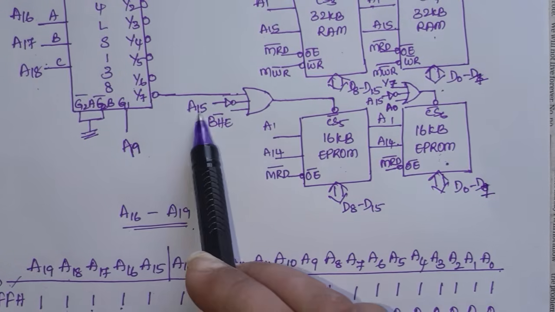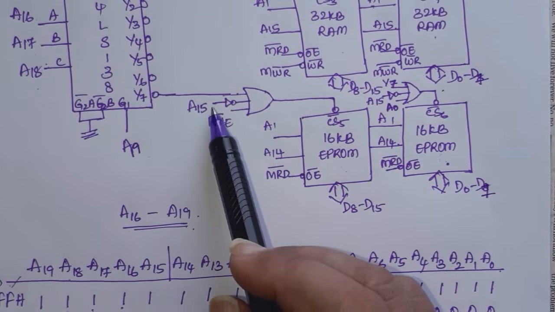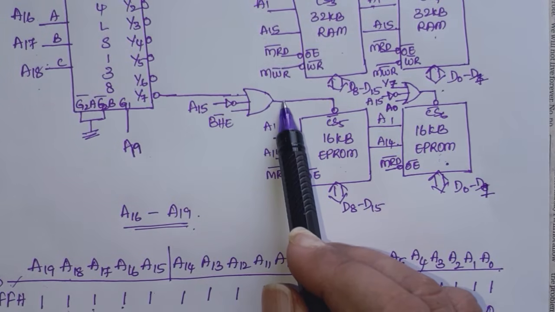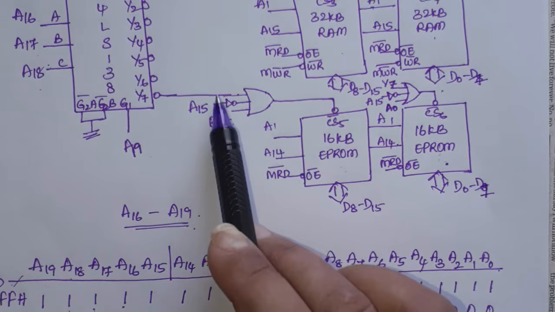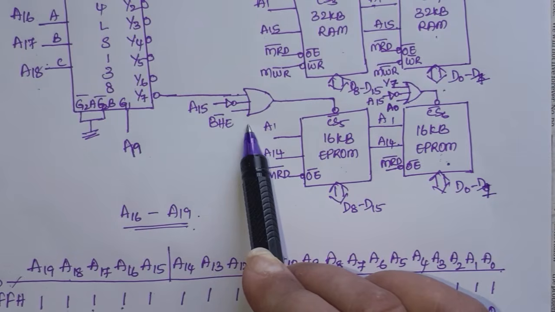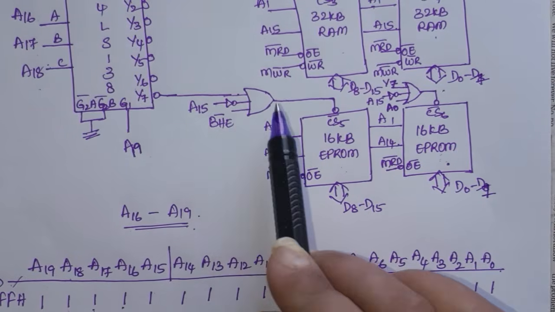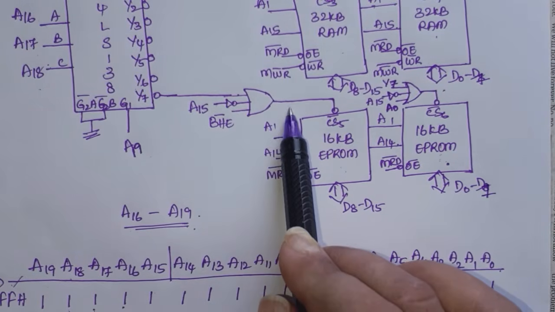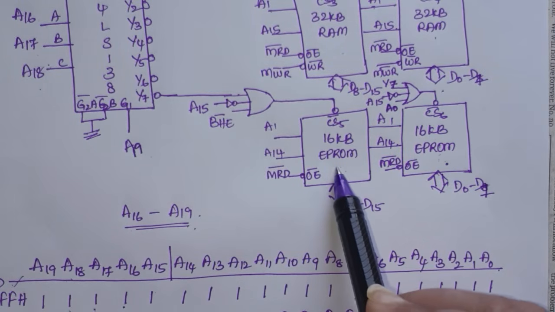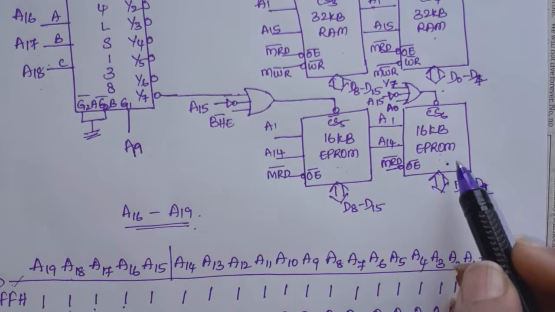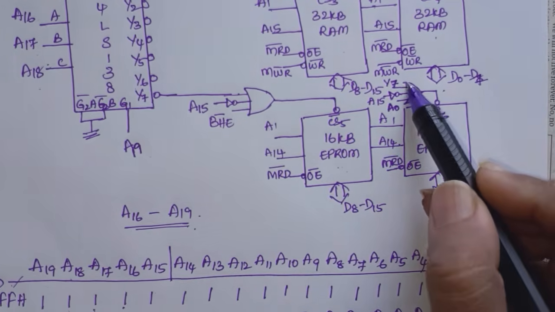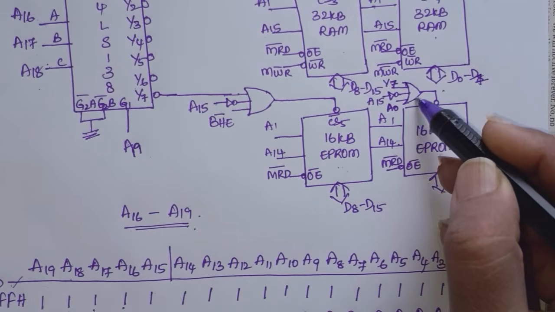When Y7 is 0, bus high enable bar is low and this is 1, then the output of this OR gate will be low and this particular odd chip is selected. Okay, so to select the even bank, here we have taken another OR gate.